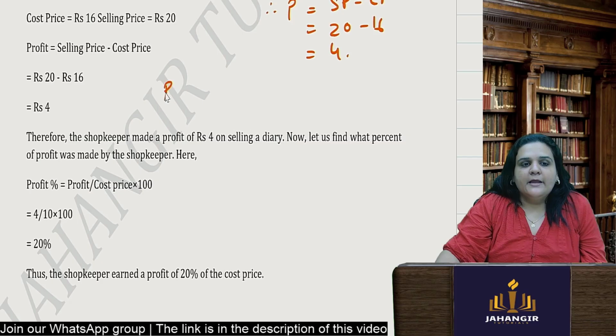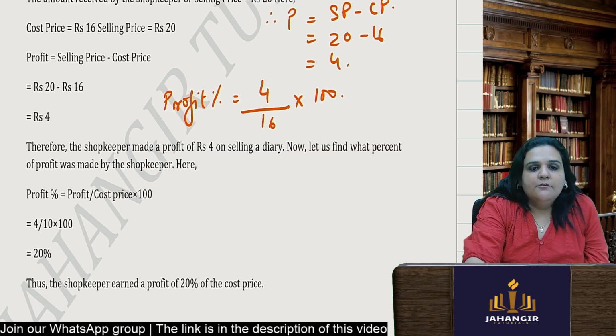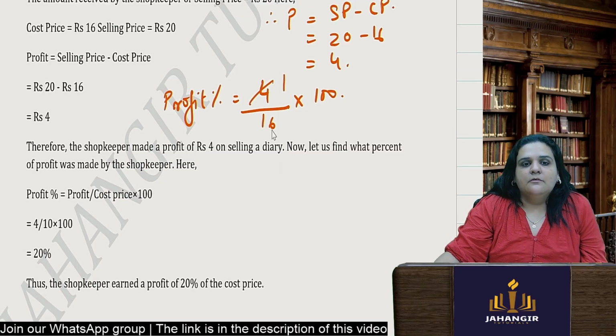Now what is the profit percentage? If I want to find profit in the form of percentage, I will take profit upon cost price. Cost price over here is 16, into 100. So profit percentage will be 4 ones are 4, 4 fours are 16.